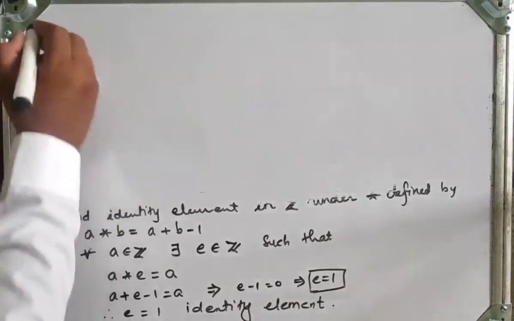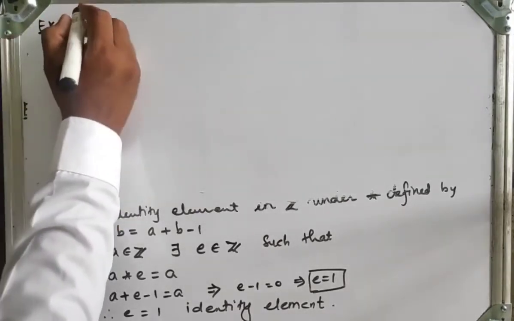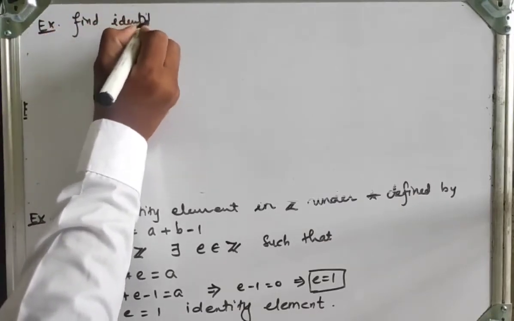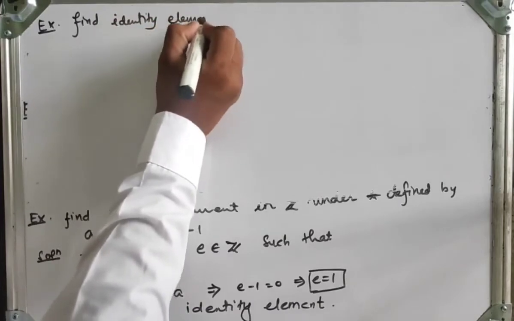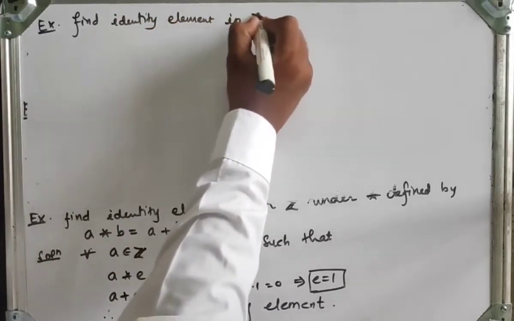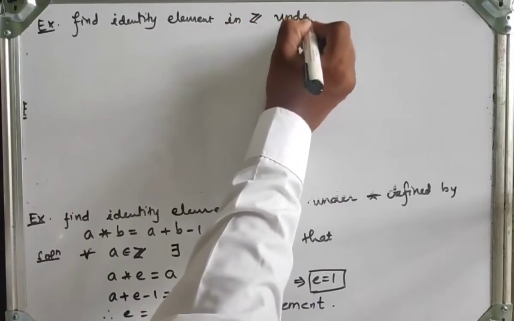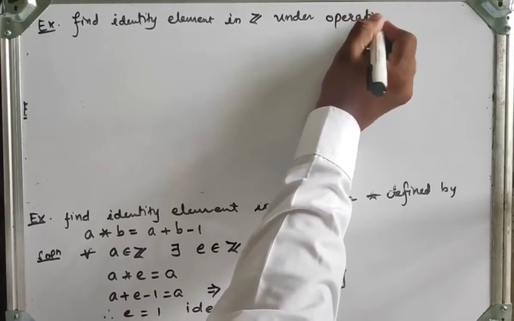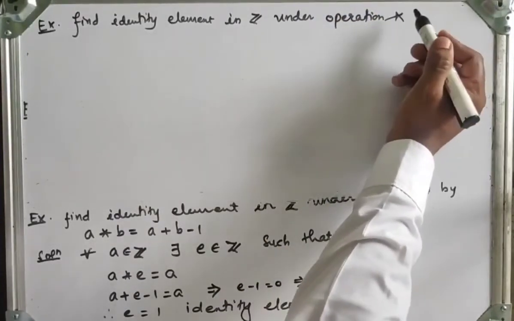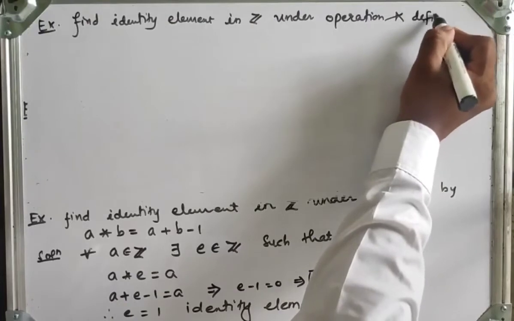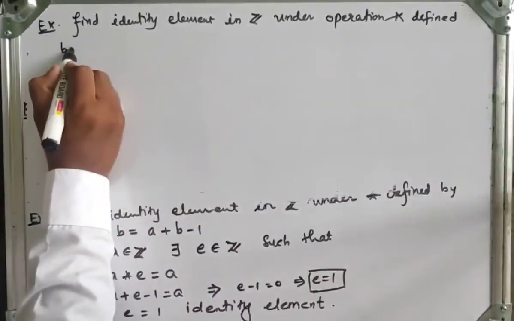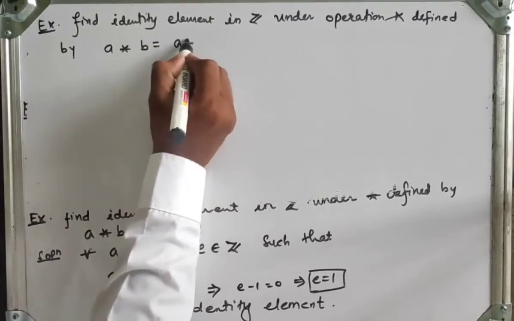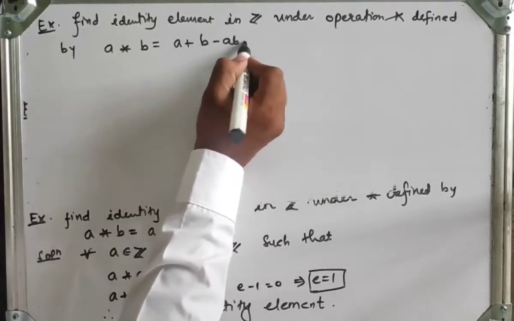Now next example, find the identity element in Z under operation star defined by A star B is equal to A plus B minus AB.